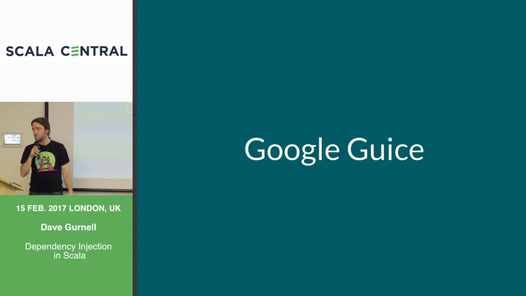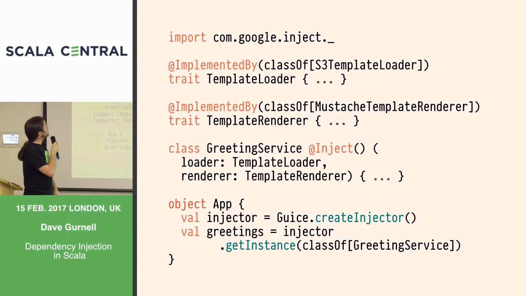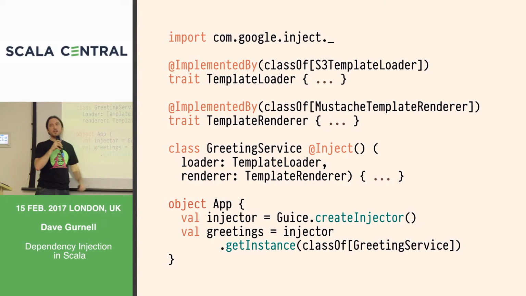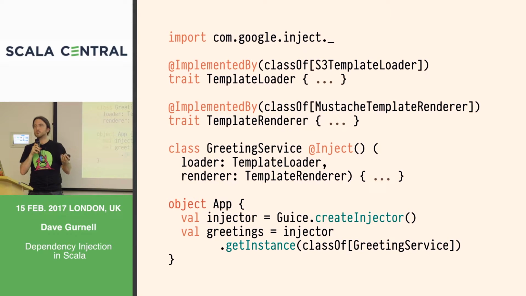Essentially, the whole point of something like Guice, or any other, even the XML-based dependency injection frameworks, is that we're trying to reduce the length of our wiring module, which you can see down the bottom here, just by using an injector, a Guice injector, that knows how to create certain things automatically.